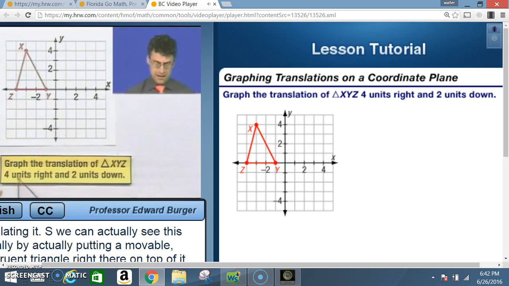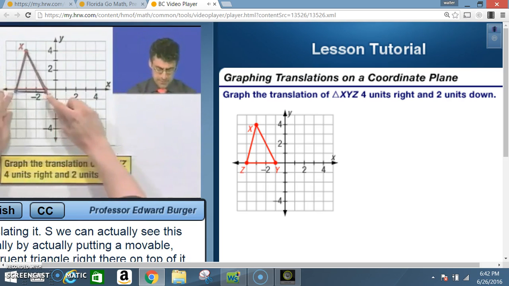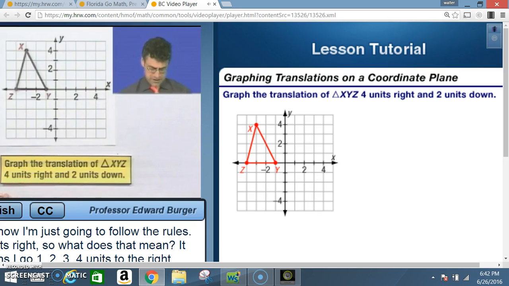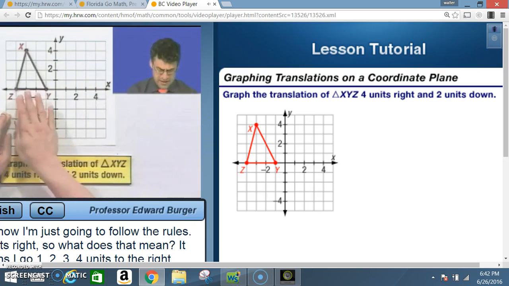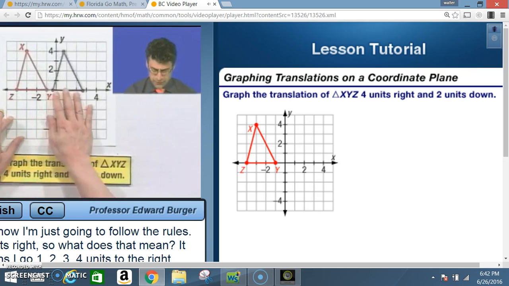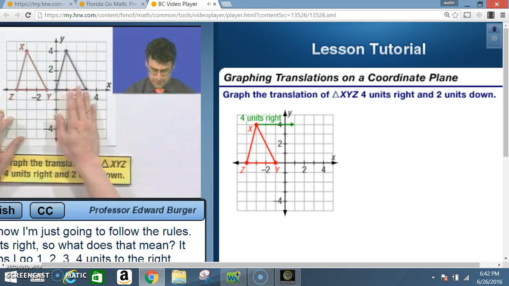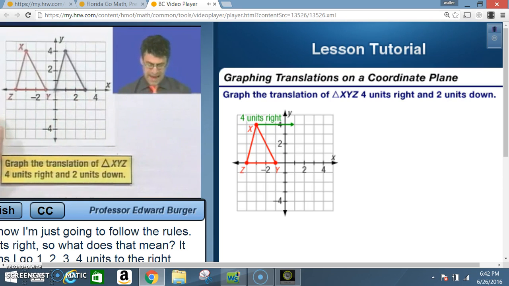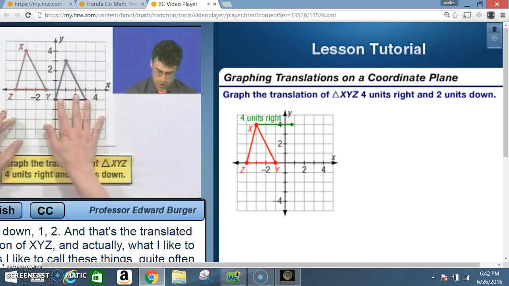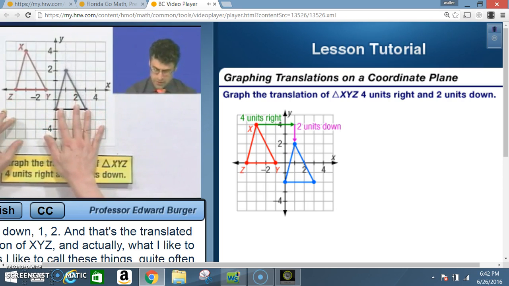We're translating it. So we can see this visually by putting a movable congruent triangle right on top of it. So there it is. And now I'm just going to follow the rules. 4 units right. So what does that mean? It means I go 1, 2, 3, 4 units to the right. And then I go 2 units down, 1, 2.